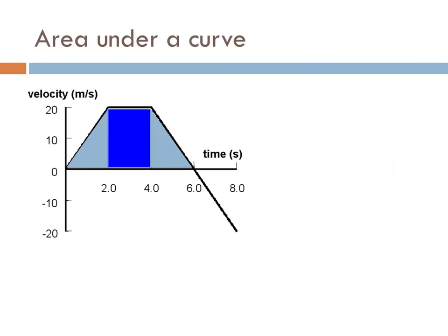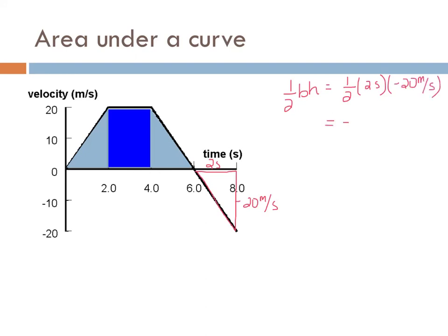And the last situation would be for this non-highlighted triangle. Okay, because it is a triangle, I'm still going to use 1/2 base times height, but I want to show you that our height is below our graph. So our base, which is still 2 seconds, and our height, which is 20 meters per second here, is actually below our graph, so this is a negative 20 meters per second.